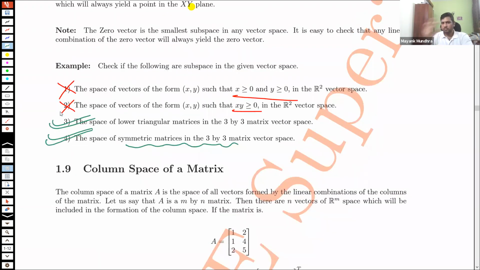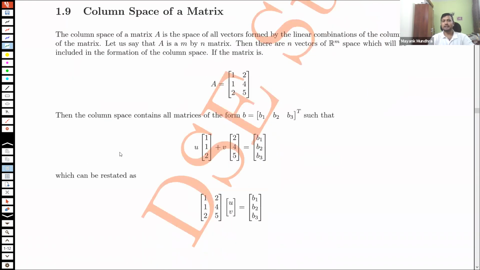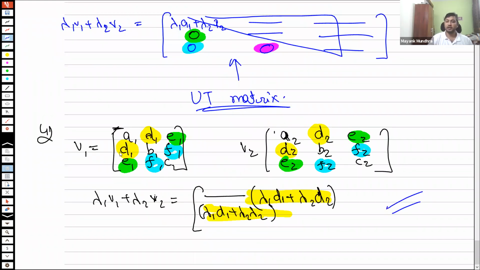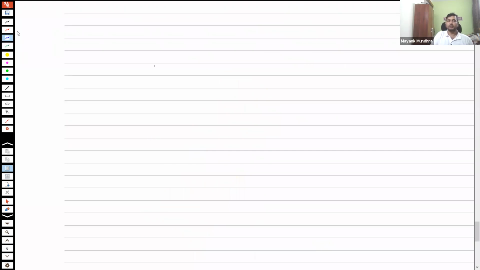All right, so now obviously I did a lot of work with subspaces. Then the question is, why am I doing so much on subspaces? Why is it necessary? So subspaces help me find the complete solutions for a given linear system of equations. So remember when I was talking about a system of equations Ax equals b, suppose you are solving this system of equations, you can get three possible outcomes.